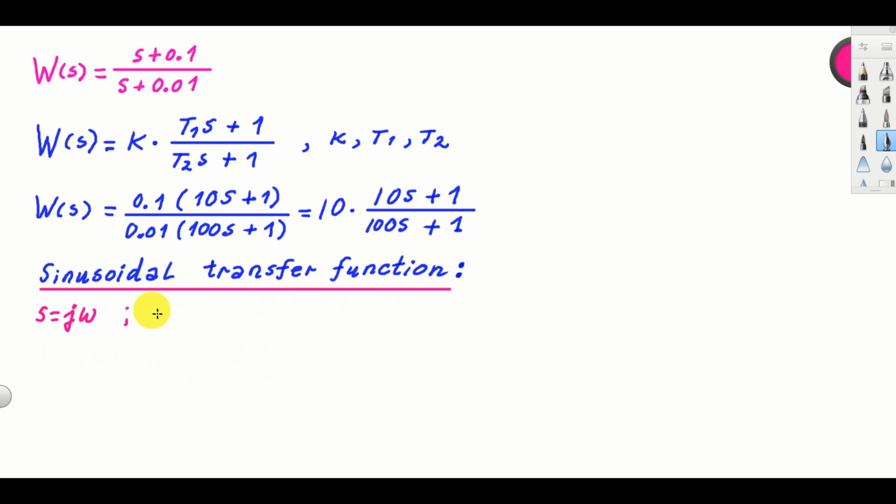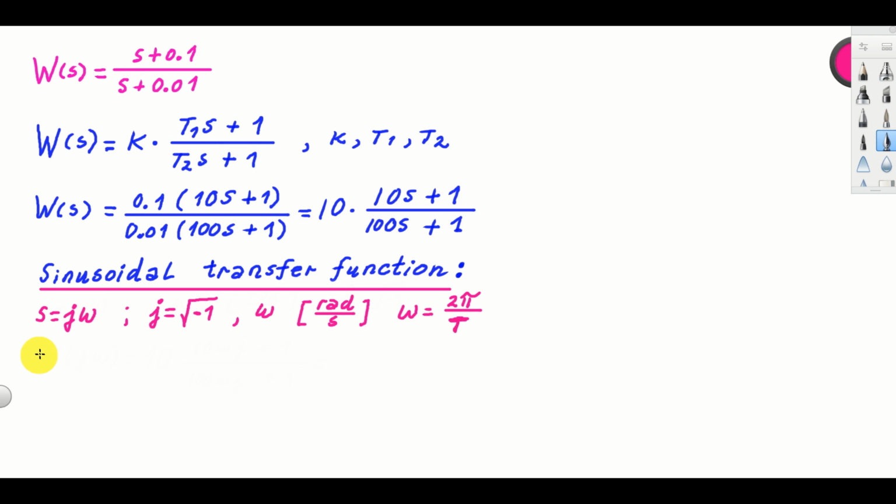Over here, j is the imaginary unit, that is j is equal to the square root of minus 1, and omega is the radial frequency, and omega has the unit of radian per second. If you want to know more, omega is equal to 2 pi over T, where T is the period of the input sinusoidal signal to our transfer function.